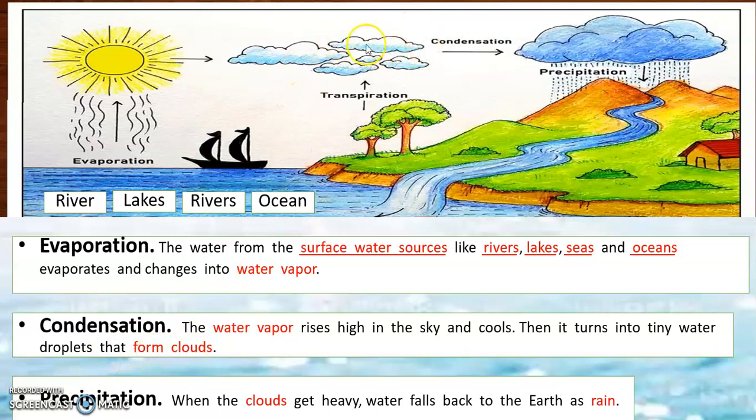And this is condensation. Number 3 is when the clouds get heavy, water falls back to the earth as rain, and that process is precipitation. Again, number 1, evaporation. Number 2, condensation. And number 3 is precipitation.